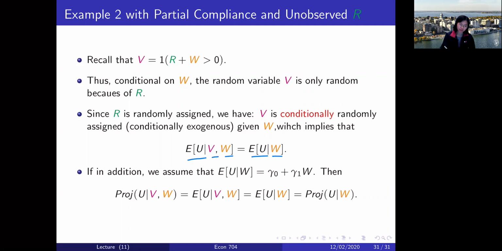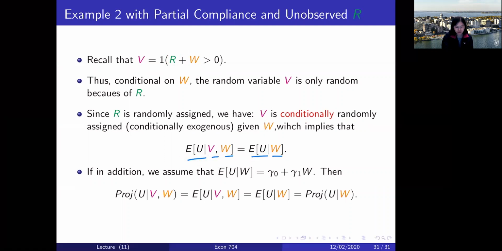In fact, we have a stronger condition than this. Given the value of W, there is only R left, and R is independent of U. Therefore this conditional random assignment is satisfied.